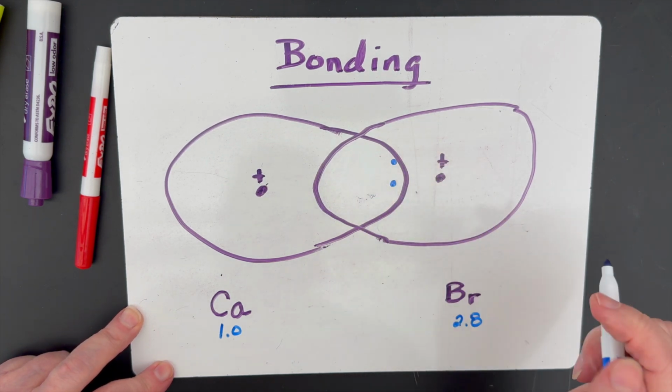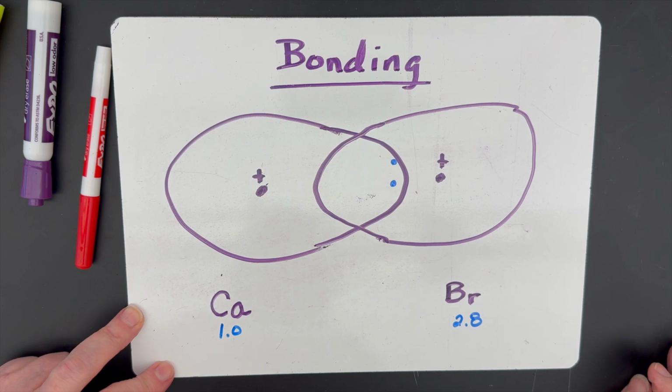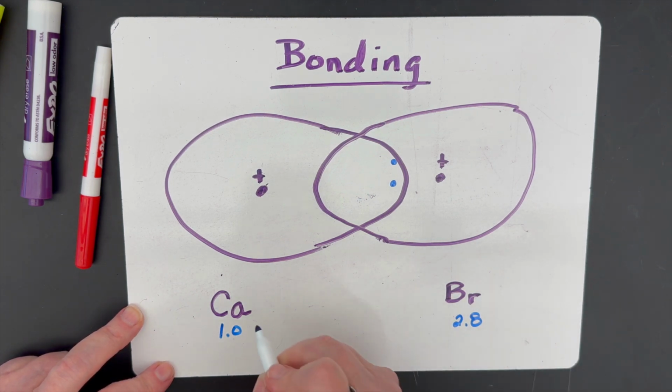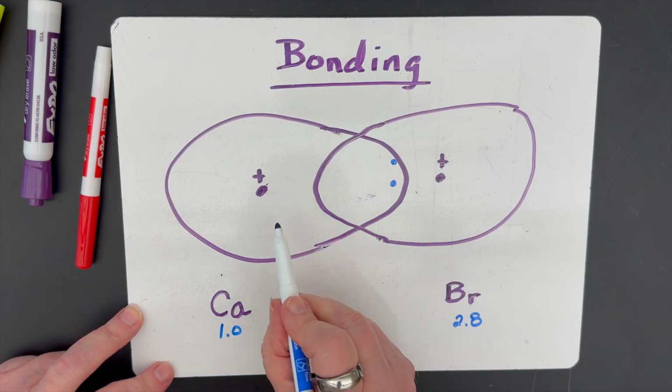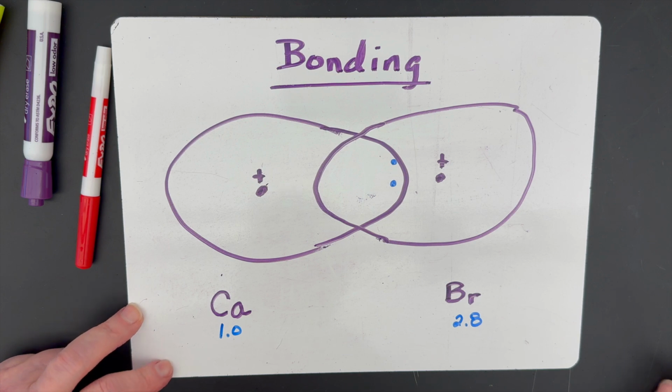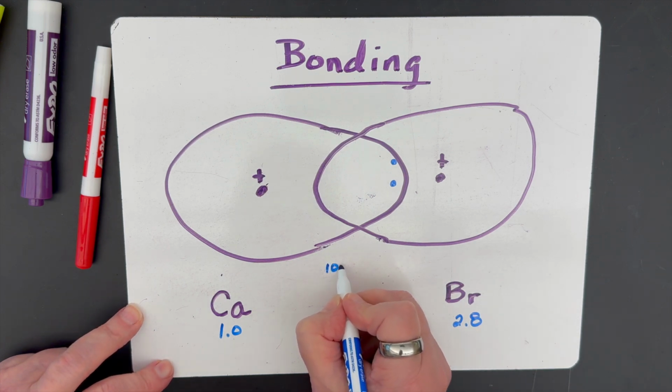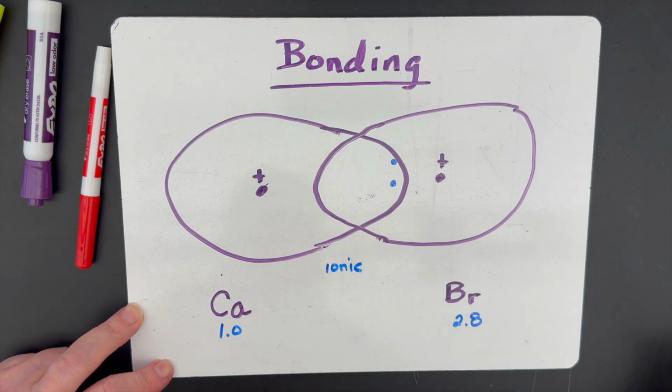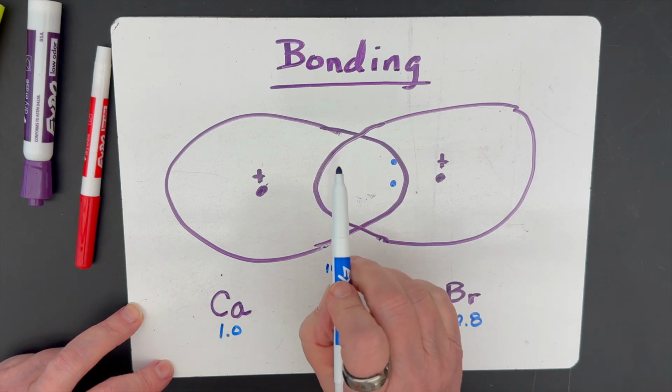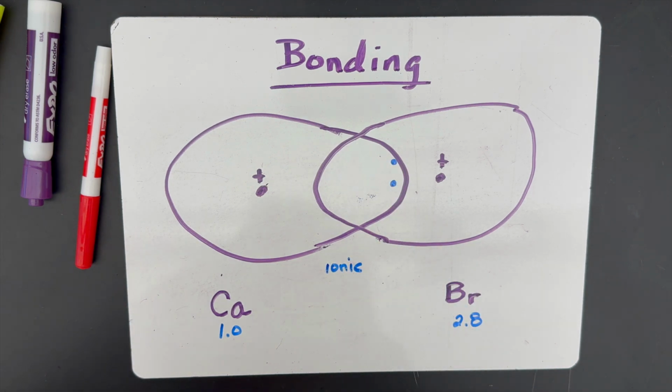And when they get pulled that far over, you consider that bromine has the electron and calcium has lost the electron. And it's actually been transferred to the bromine. So this would be an ionic bond if they get pulled way over toward one side.